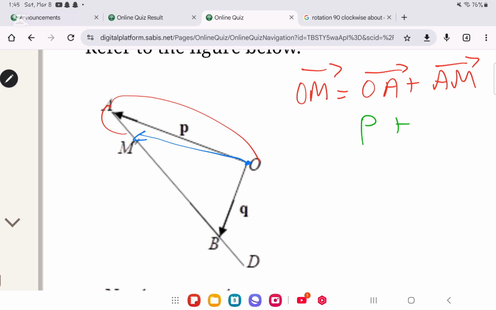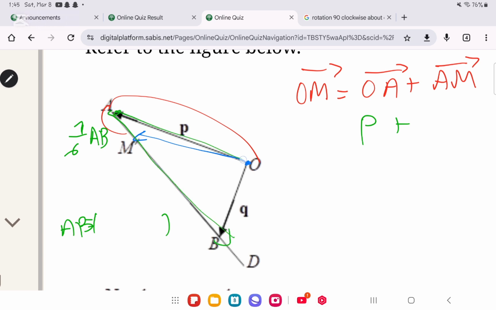However, AM, let us find the value of AM. We know AM is 1/6 of AB. So before we find the value of AM, we need to find the value of AB. So AB is equal to what? This over here is AB.